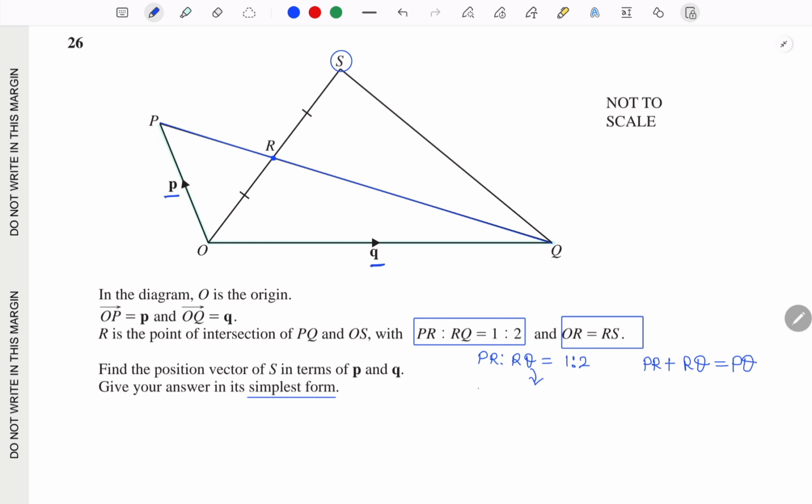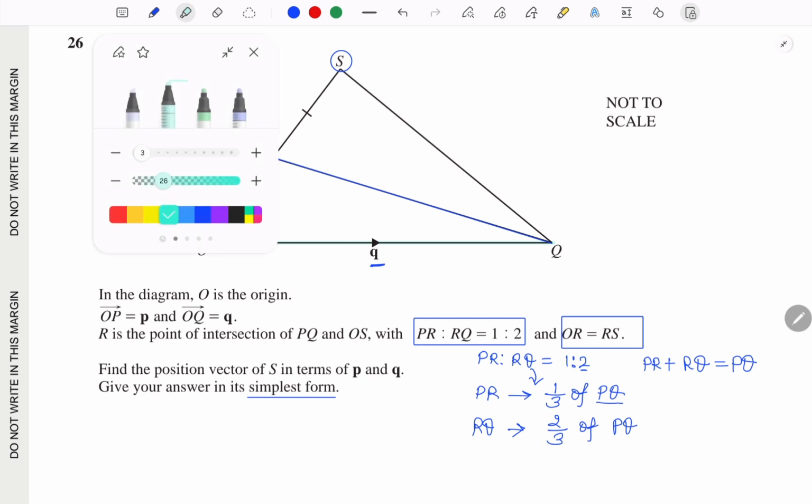So PR is 1 by 3 of PQ, the total value, and RQ will be, since RQ has two parts out of 3, 2 by 3 of PQ.